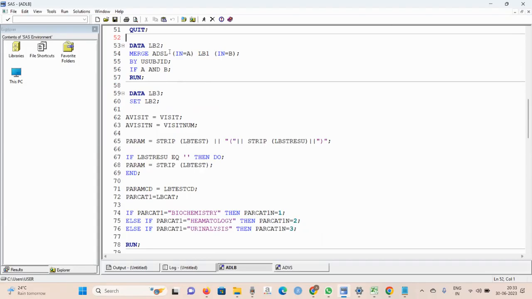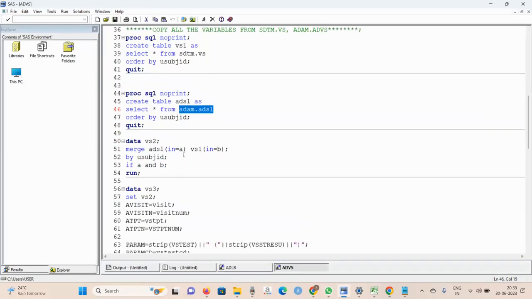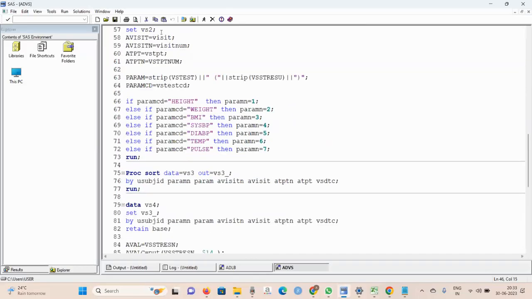So I set LB2. Here I'm creating the LB3 dataset. So the visit, here is the visit. I mentioned the visit windowing concept in the last class. It's almost the same thing as in ADVS, because as per the SAP, we don't have any visit windowing concept, and it is very rare to get that concept. But if it is required, I have sent the documents to you.